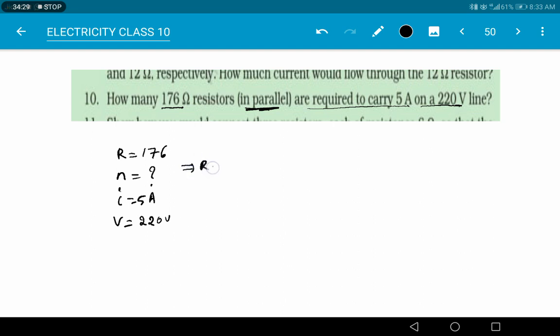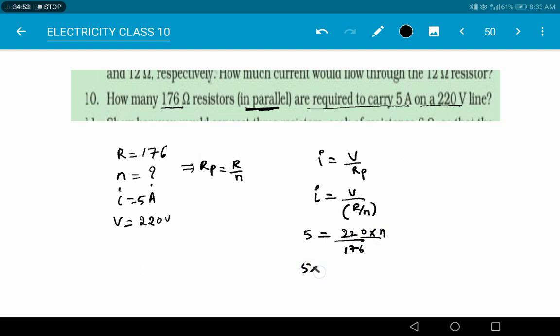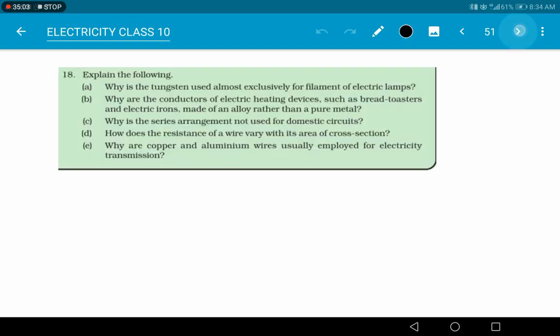In parallel, effective resistance should be R by N. Therefore I is equal to V by Rp, so I equals V by R by N. Substituting the values: 5 equals 220 by 176 into N, so 5 into 176 equals 220 into N. Simplify this and you will get the number of resistors.